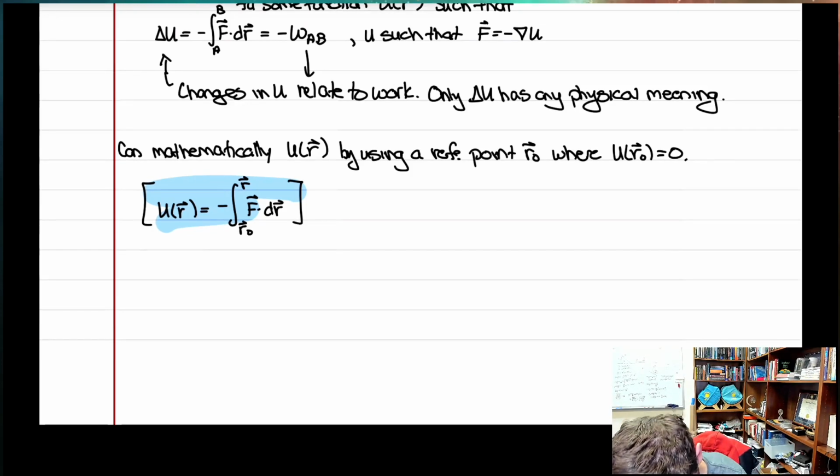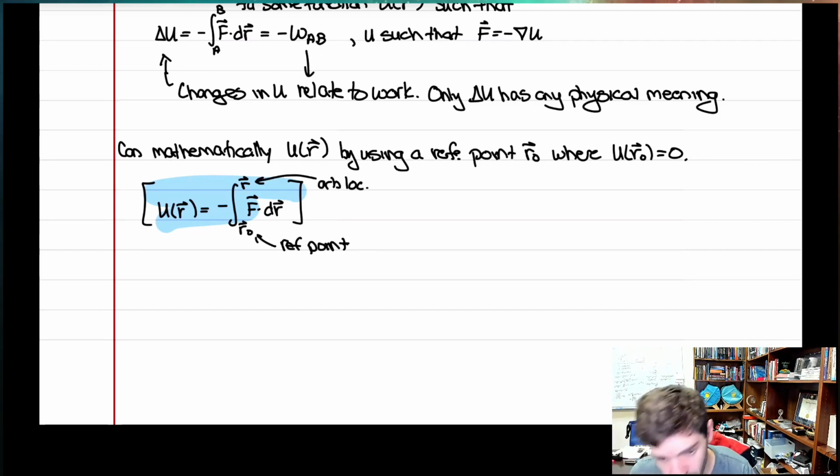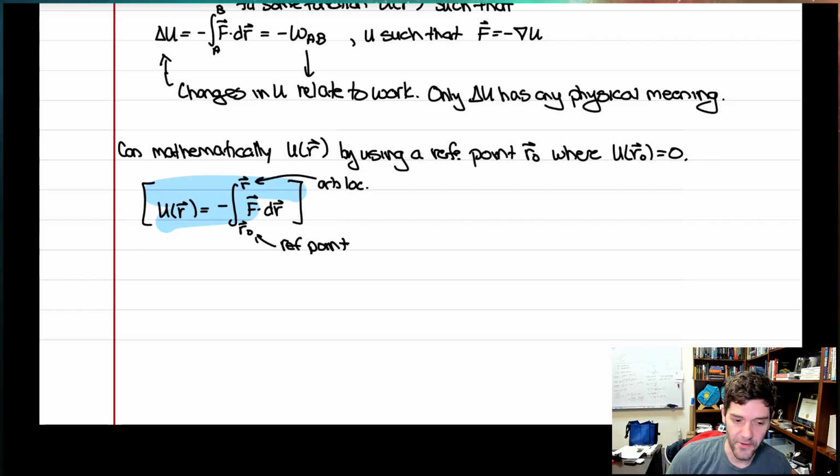Starting from some reference point, do the line integral out to some arbitrary location, and that tells you the value of the potential energy function at that location, with the information baked in that you're making the assumption that the potential energy is 0 at a particular reference point.